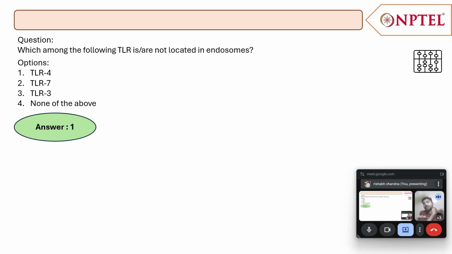Okay, so the correct answer is option 1, that is TLR4. This TLR4 is not located on the endosome, this is located on the surface of the cell. Okay, so the rest of the two are located both on the surface as well as the endosomes.